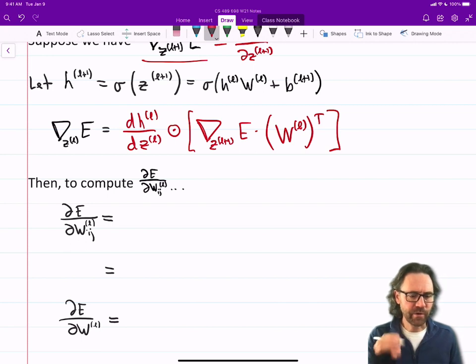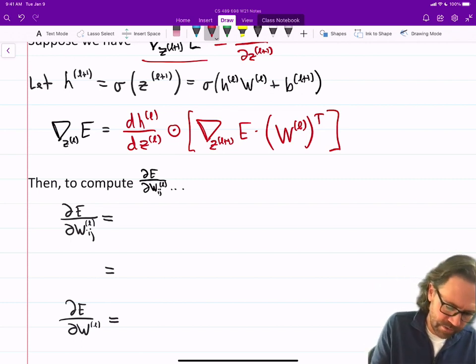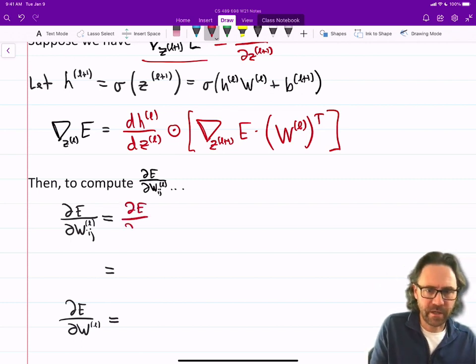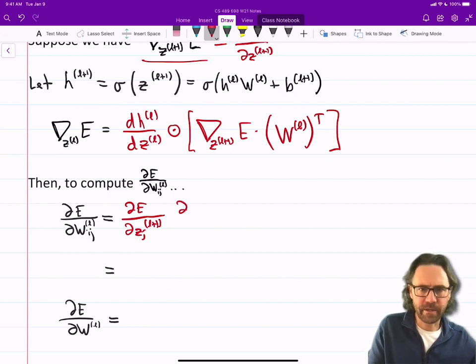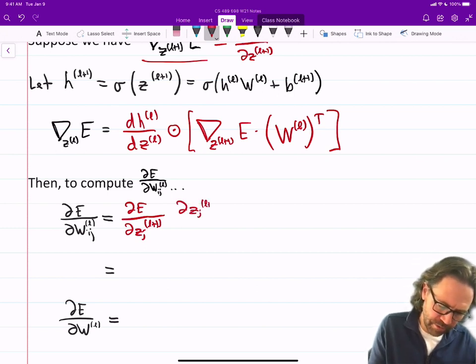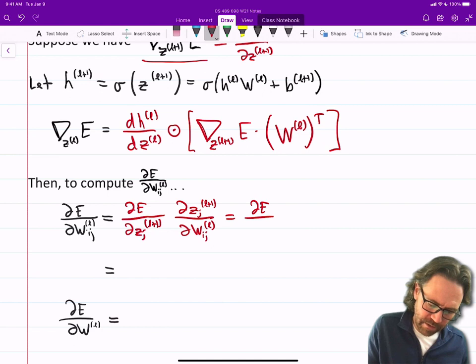So weight ij, it's going from h sub i to z sub j. So dE/dz_j at layer L+1 times dz_j at layer L+1 by dw_ij at layer L. Okay, I'll just rewrite this first part, dE/dz_j layer L+1.